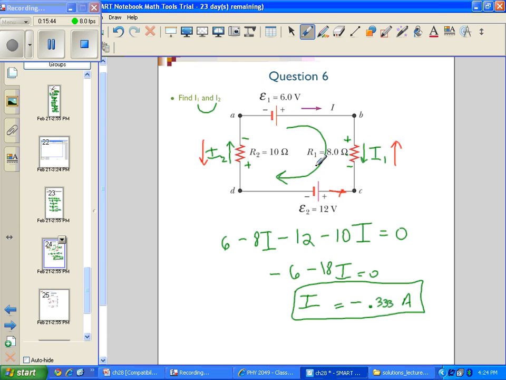And so really what we have are two batteries which are in fact in parallel.